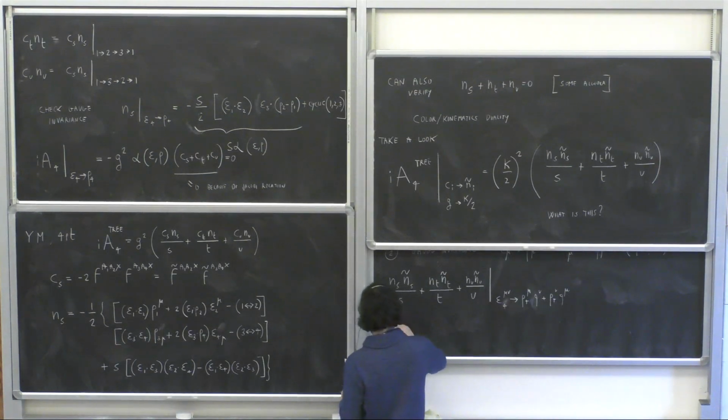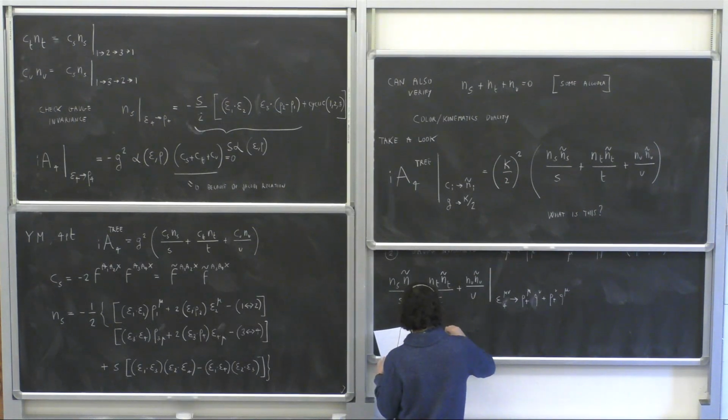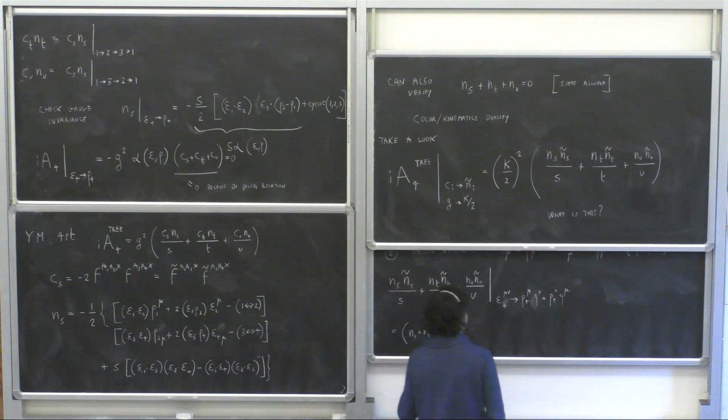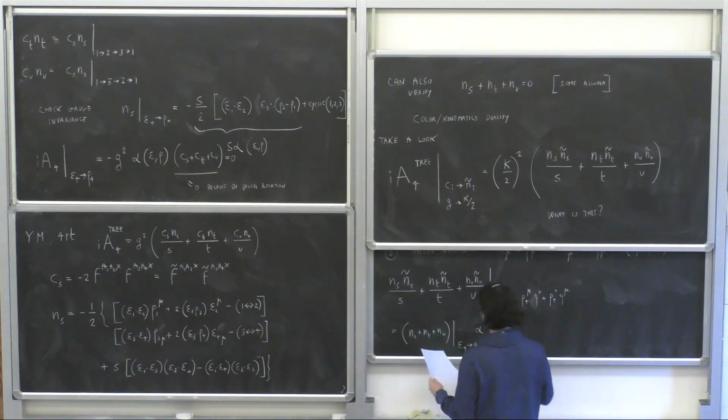So we do the same argument, and this is going to be equal to ns plus nt plus nu, in which all I have done is really, for the second term here, sending epsilon 4 to q, and this is going to be equal to alpha of epsilon tilde, the tilde polarization, and the p's are the same as we said.